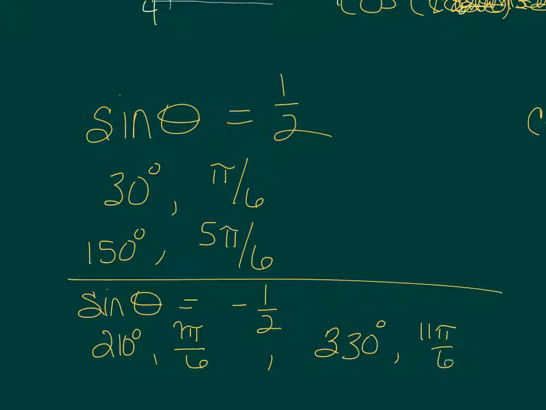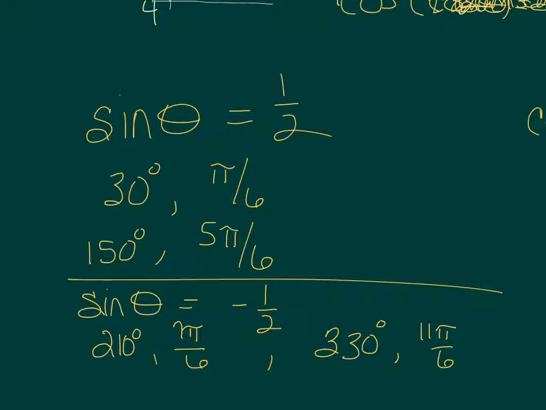Okay, so how did you figure out what they were? What did you determine? Find the factor between 330 and 30. Okay, so what's the reference angle? Pi over 6.